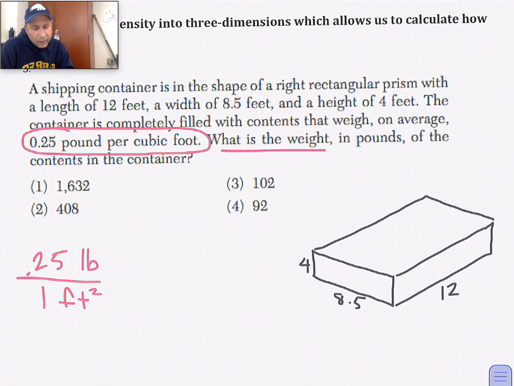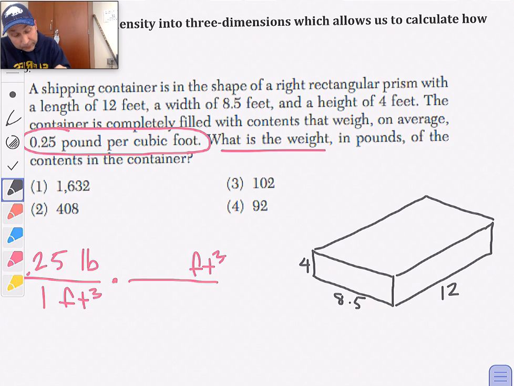If I want to figure out the weight of the container, I need to multiply this by a fraction that has cubic feet as the numerator so that the cubic feet will cancel. I can think about it that way right from the start.